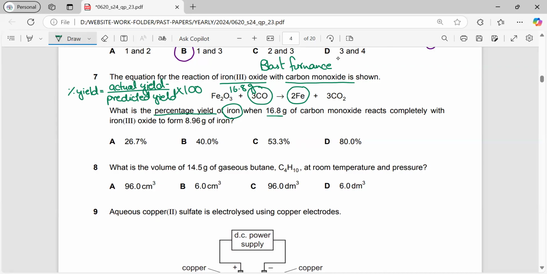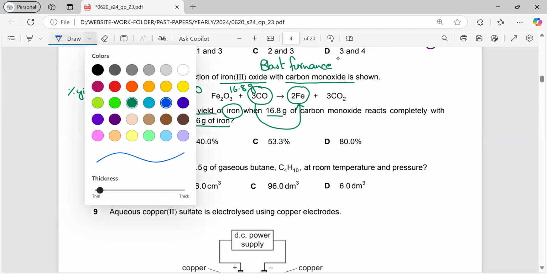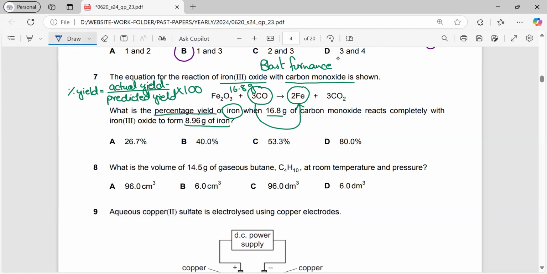So starting from this, we will find out the iron predicted yield. It reacts completely with iron oxide to form 8.96 grams of iron. So one of the yields of iron is already given to you in the question. This 8.96 grams of iron is its actual yield.